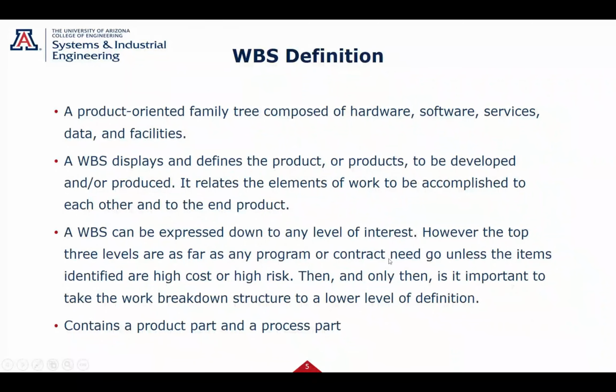However, usually you need to at least do the top three, and then you'll break down the lower levels as needed. And you'll see each branch of this may go down to different levels depending on what that is. Some will go down to level 4, 5, whatever, depending on what that is.